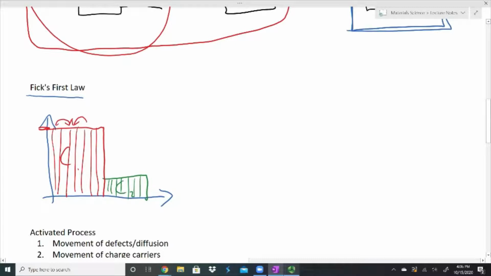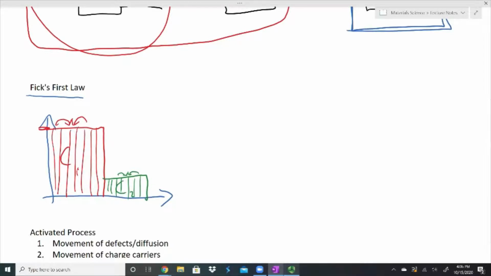The concentration is not going to change in the concentration 1 section. Same thing is happening over here in concentration 2. It's much, much smaller, so maybe we only have one molecule or atom that wants to move from one bin to the next. But again, concentration 2 stays pretty much the same.